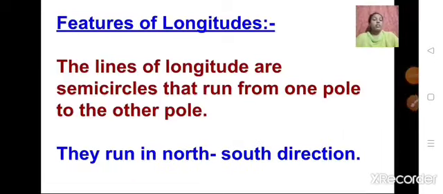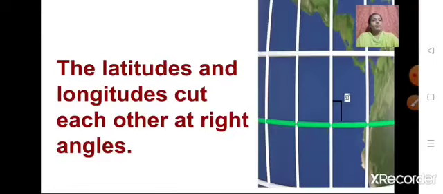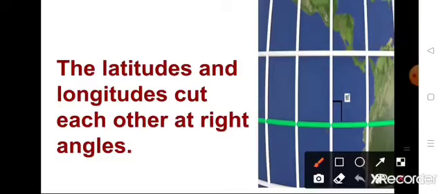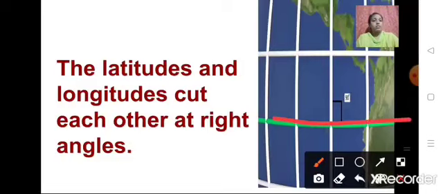They run in north-south direction. The latitudes and longitudes cut each other at right angles, as we can see here in the image children. This is latitude and this is longitude, and they cut each other at right angles.